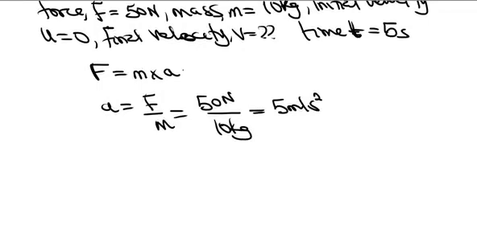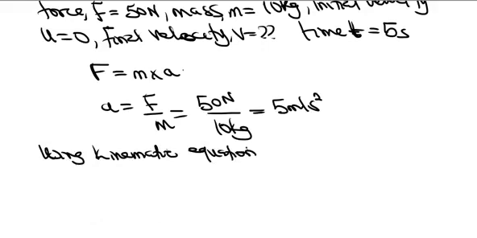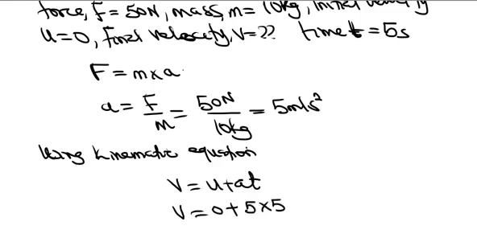That means using the kinematic equation. And when you use the kinematic equation, what do you have? That's V equals U plus AT. Now V equals 0 plus A, which is 5, and T, which is also what? 5.